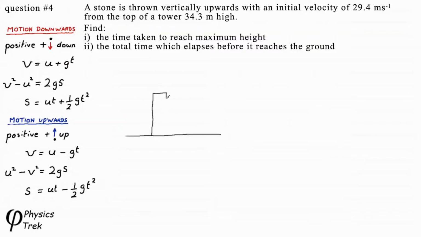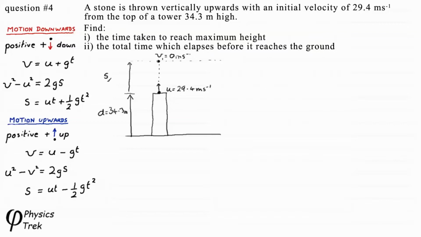Now we're going to do things differently this time. We're going to write the diagram down first. Here's our tower. Okay, it's D meters high. That's 34.3 meters. The stone's thrown up from the top of the tower. The stone starts off with initial velocity 29.4 meters per second.